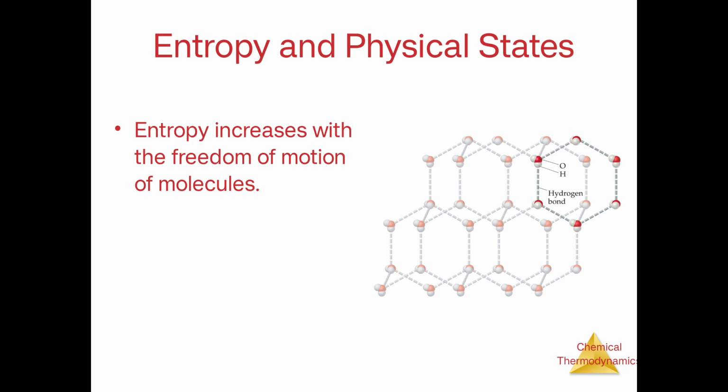Entropy increases with freedom of motion of molecules, which means if the molecules are given motion, either naturally or artificially, the freedom of motion of molecules will increase the entropy.